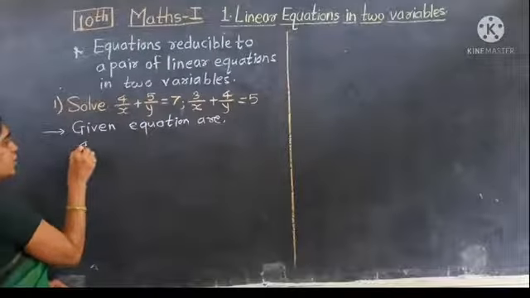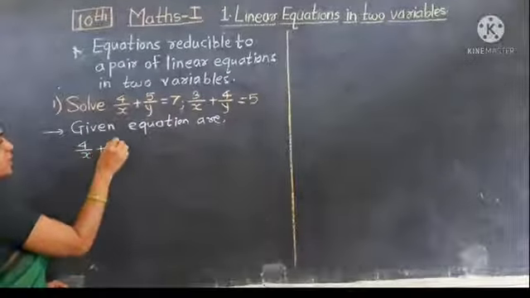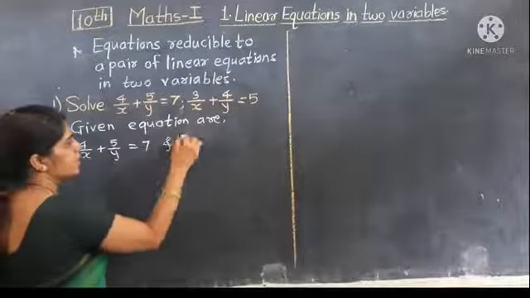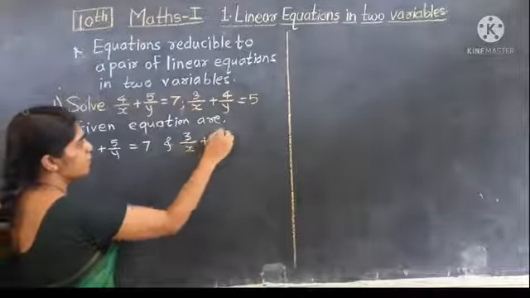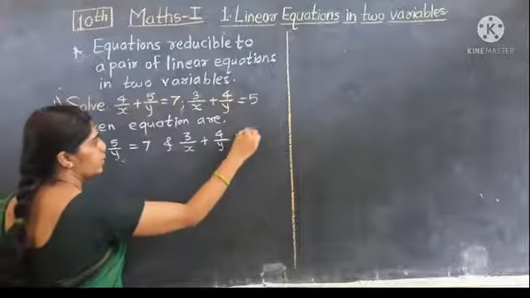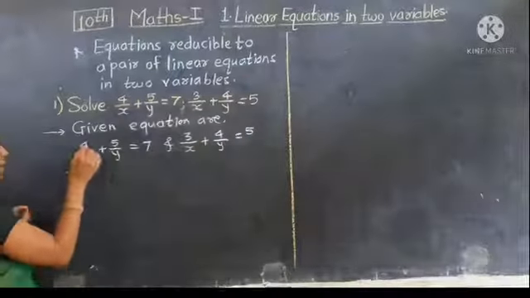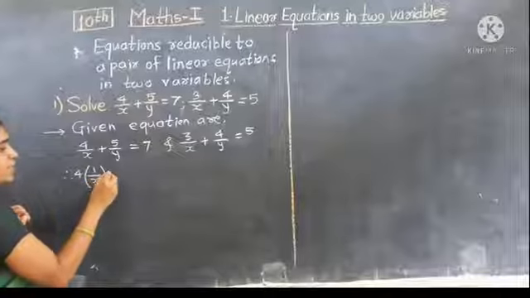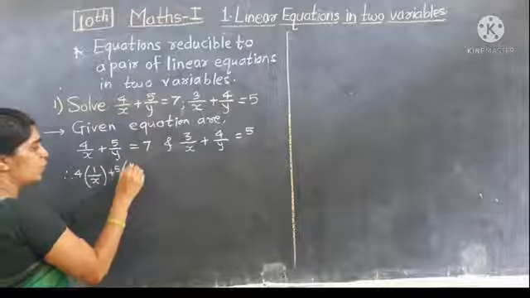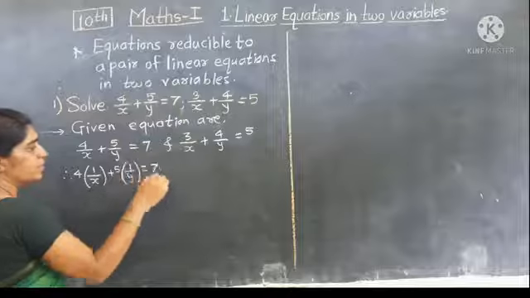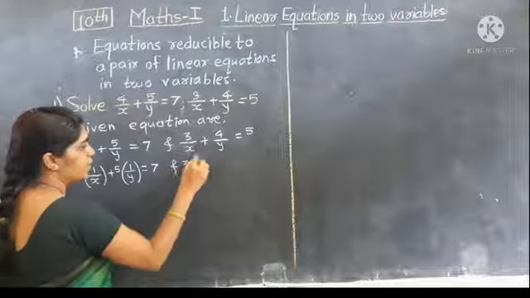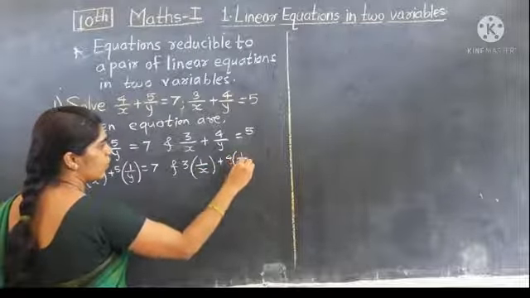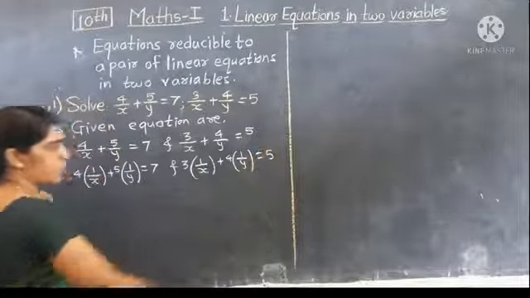First equation is 4 upon x plus 5 upon y is equal to 7, and second equation is 3 upon x plus 4 upon y is equal to 5. Here, if I take 4 outside, then what happens? 4 into 1 upon x plus 5 into 1 upon y is equal to 7. And here 3 into 1 upon x plus 4 into 1 upon y is equal to 5.